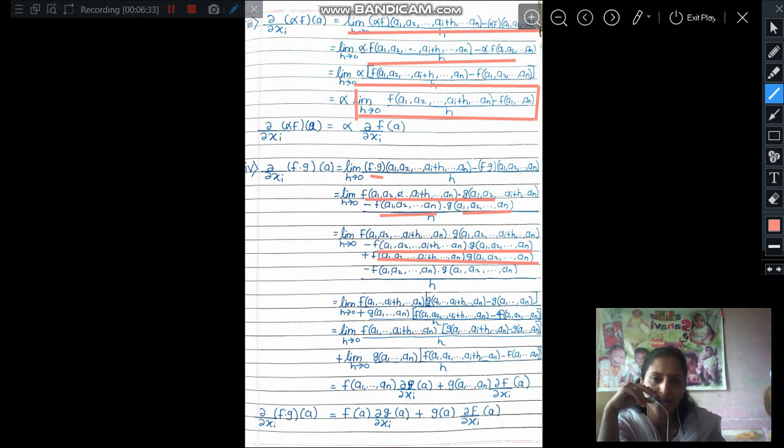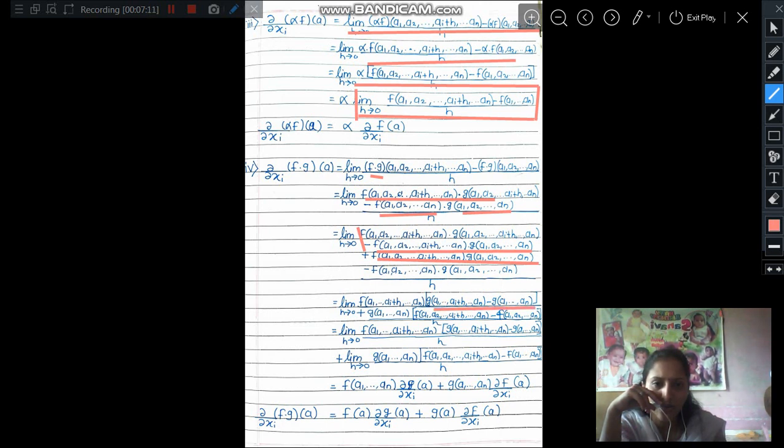The first and last terms are the same as in the example, and we add these two terms, f of (a1, ..., ai + h, ..., an) into g of (a1, ..., an), adding and subtracting this term. Now from the first two terms we take f of (a1, ..., ai + h, ..., an) common. The bracket will contain g of (a1, ..., ai + h, ..., an) minus g of (a1, ..., an).